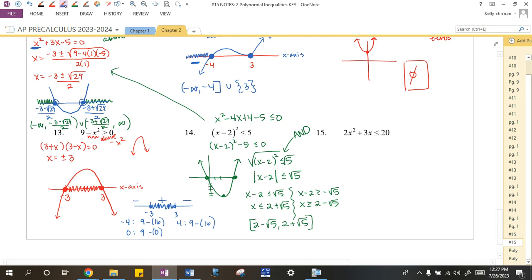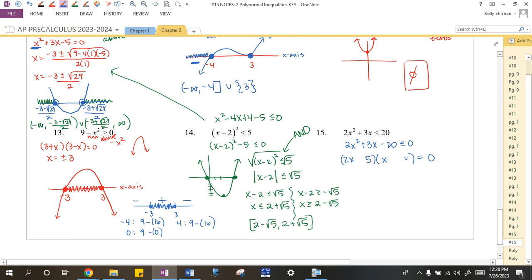Okay, last one. Get this equal to 0. Can this be factored? Don't just jump right into quadratic formula, especially if the numbers are kind of big. When we're finding zeros, we're just looking for equal 0. So 20 is probably going to get broken up into 5 and 4, right?